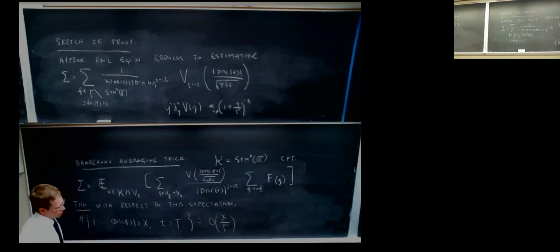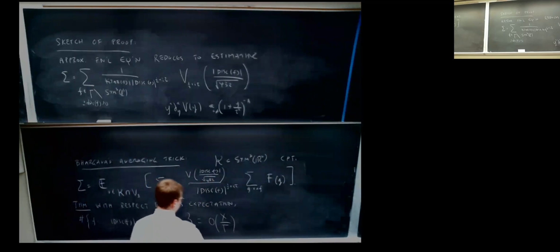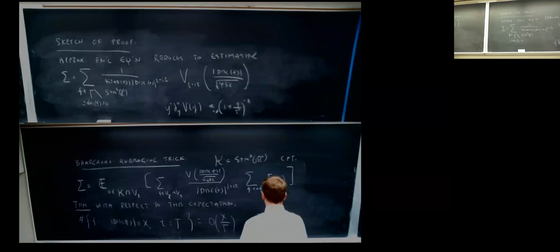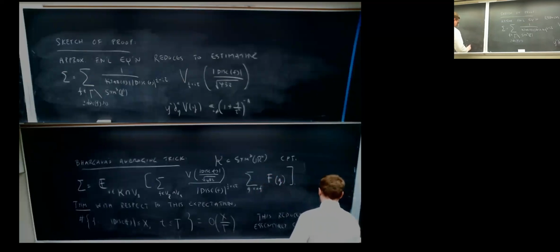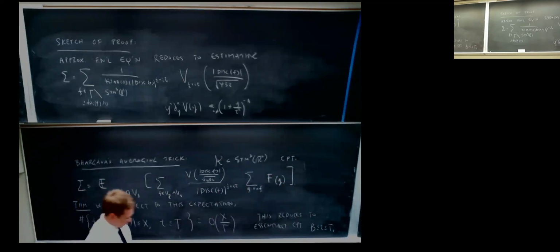Now, by the Davenport-Heilbronn theorem, the number of forms of discriminant up to X is order X, so you save a factor of T. This reduces essentially to forms with b less than or equal to t in the Iwasawa decomposition.